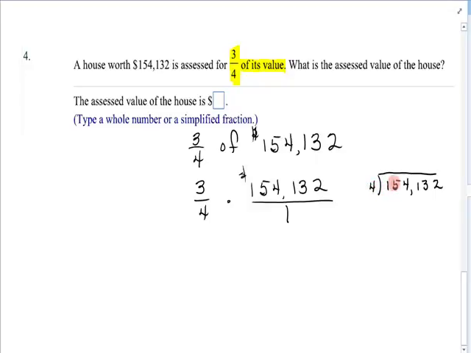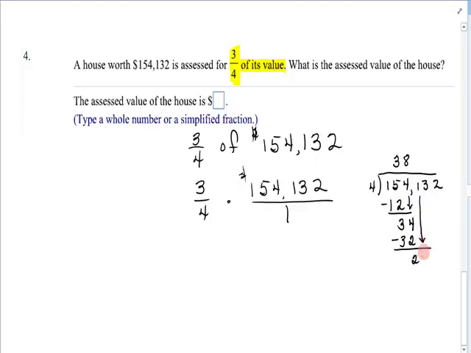It doesn't go into 1, but it goes into 15 3 times. 3 times 4 is 12. Subtract for 3 and bring down the digit 4. 4 into 34. How about 8 times? Because 8 times 4 is 32. Subtract.